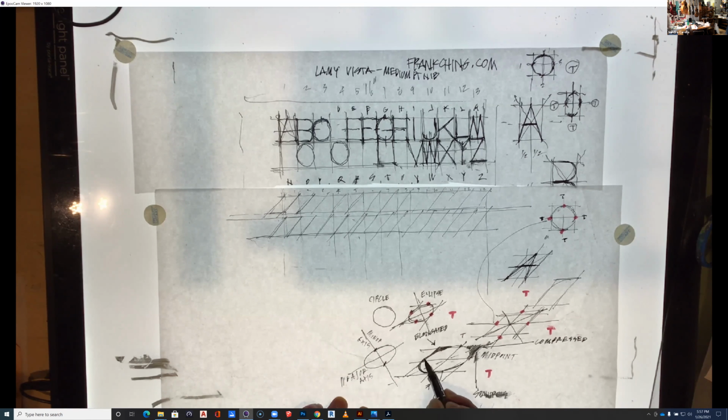This curve is compressed. If you can solve that problem for a circle, you can do the whole alphabet. Do you see why? Because everything is made up of those parts.